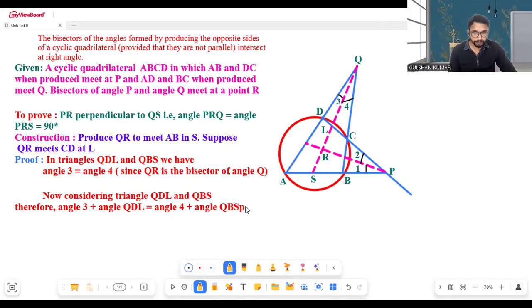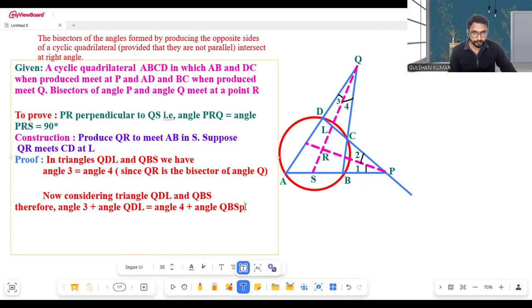Now angle 3 plus angle QDL equals angle 4 plus angle QBS.